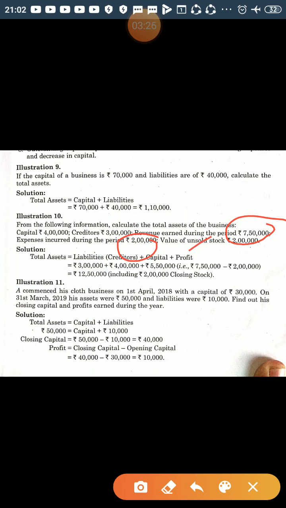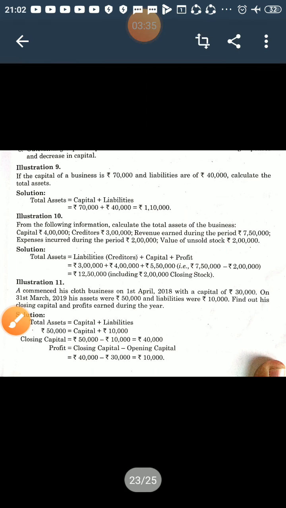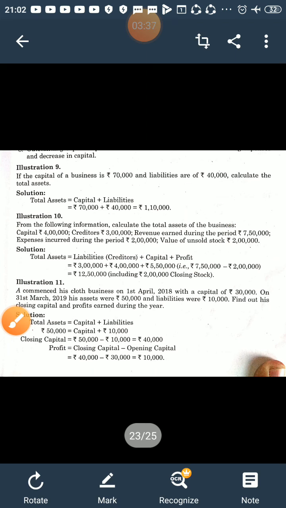So profit is 5,50,000. How does this come? This is revenue minus expenses. So total assets are 12,50,000, which includes the closing stock, that is unsold goods of 2 lakh. There is no use for the value of unsold stock because the question asks only about total assets.